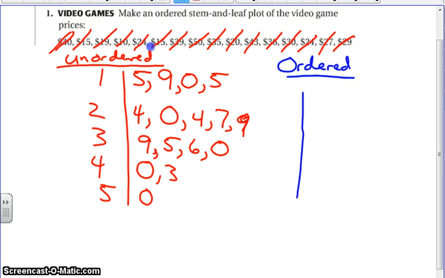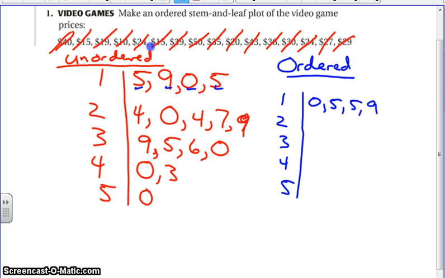So we will have the same stems, won't we? 1, 2, 3, 4, and 5. But now let's put the leaves in the correct order, okay? So for stem 1, can you give me the list in order, Sarah? 0, 5, 5, 9. Yeah, 0, 5, 5, and 9.